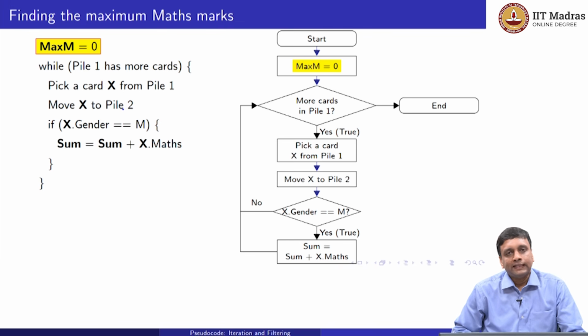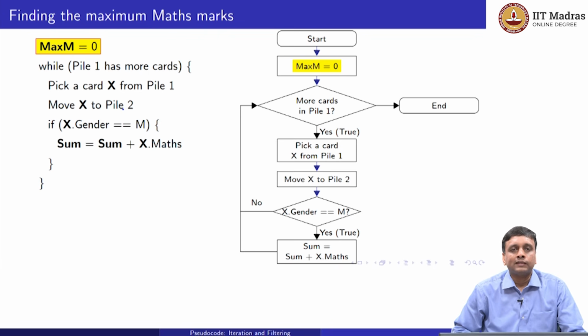Now, when we are finding the maximum or the minimum, we need to be careful about the initialization because we need to find a value such that we are guaranteed. Supposing we take max m to be 100, for example, to begin with, then we may not find anybody in this class who has 100 marks in maths, and then at the end it will spuriously tell us that we found the maximum marks to be 100.